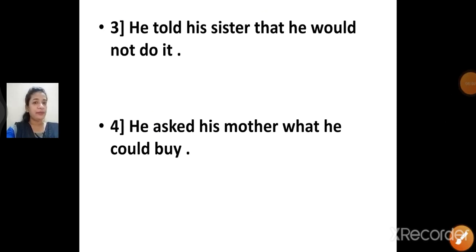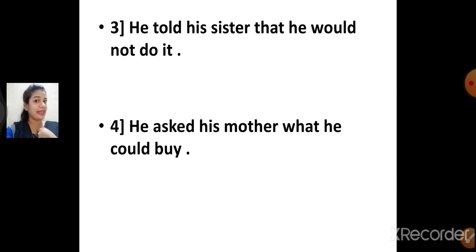Now the third one. He told his sister that he would not do it. Now you have to take out the spoken words. He would not do it. So this will change into, I will not do it.